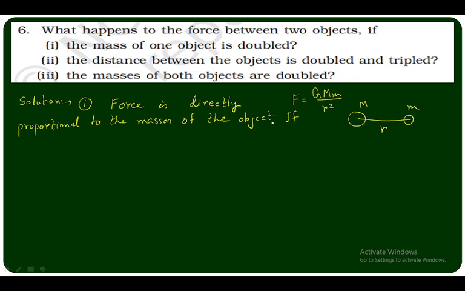If the mass of one object is doubled, then the gravitational force will also get doubled.